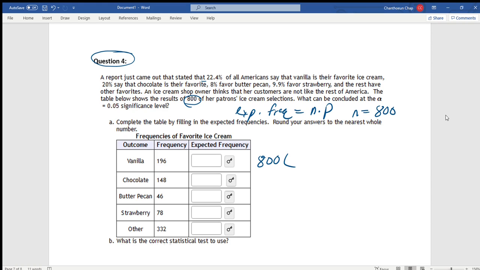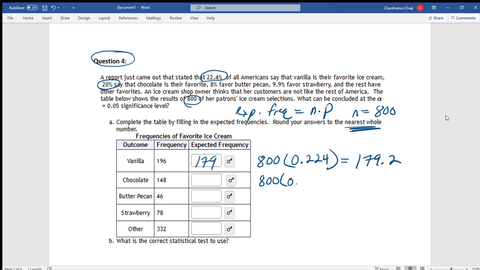We know the probability that favor vanilla is 22.4%, so we'll use 0.224. 800 times 0.224 is 179.2. Now in the directions, we want to round to the nearest whole number, so we should round this to 179.